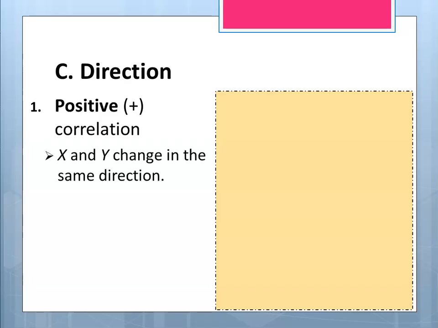Instead, positive means that the x and y variables change in the same direction. So what do I mean by the same direction? In other words, as x increases, y also increases. The opposite holds as well. So if x decreases, y also decreases.